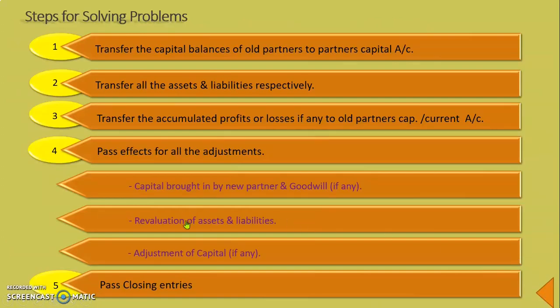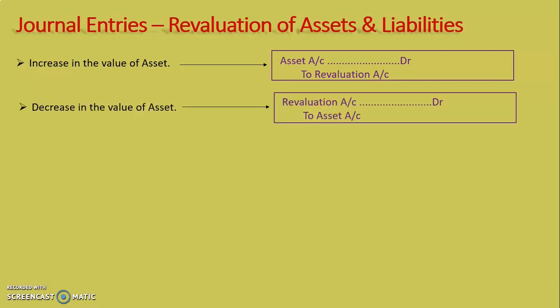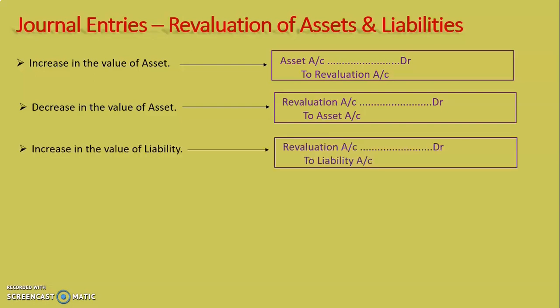Now let's see journal entries for revaluation of assets and liabilities. If there is any increase in the value of asset, our entry is asset account debit to revaluation account. And if there is any decrease in the value of asset, then we pass the journal entry as revaluation account debit to asset account.